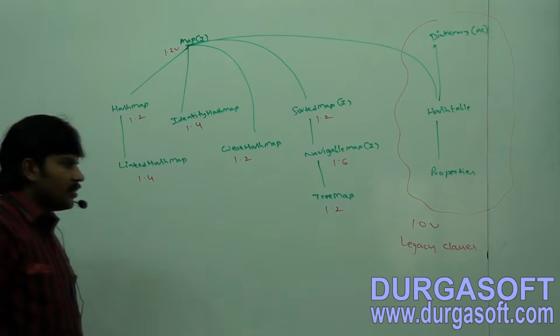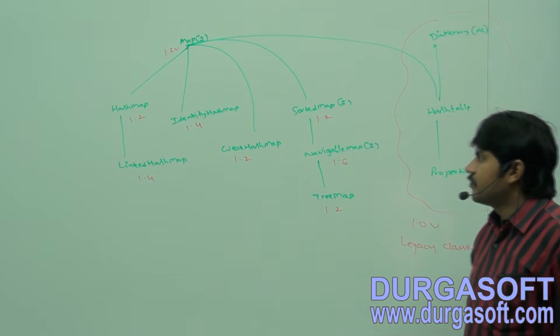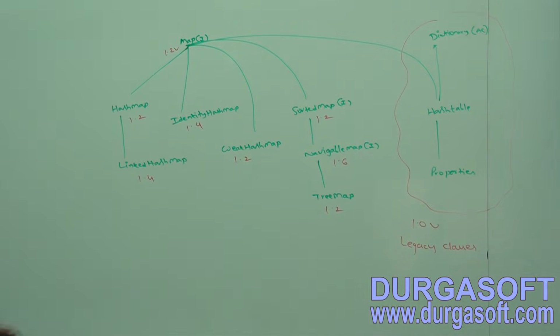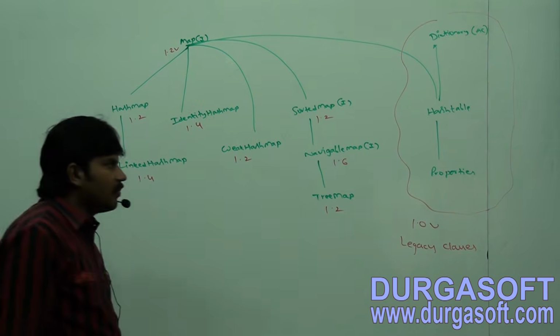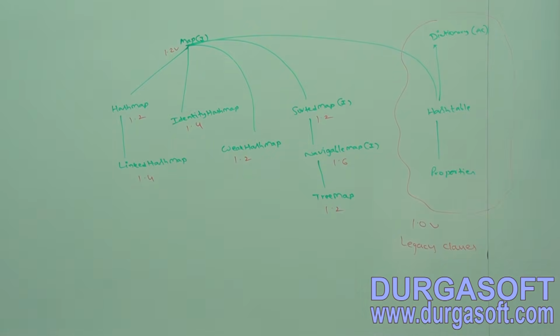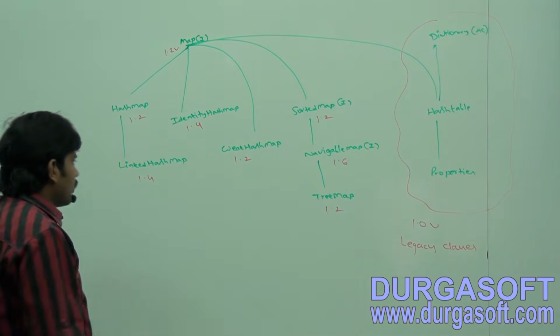This is the agenda we are going to discuss. Almost 4 to 5 hours will be spent on this part. Make sure Hashtable has a small t. So this module we require to talk.